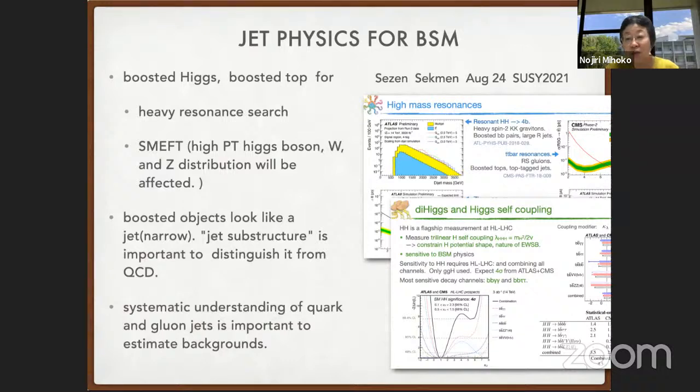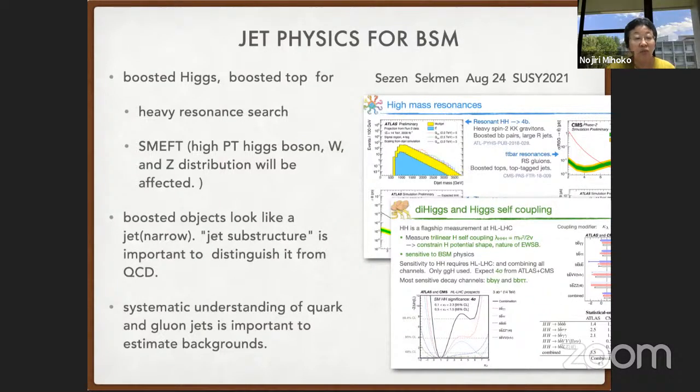They will be produced from heavy resonance decays, or maybe the standard model effective theory. The signature is the enhancement of the high pT Higgs boson, W and Z. So we want to have very good sensitivity for those things.